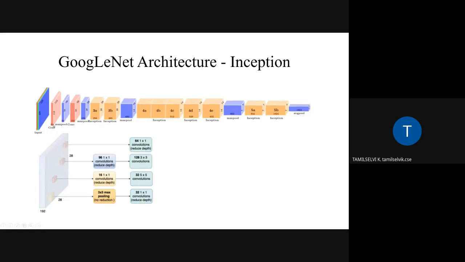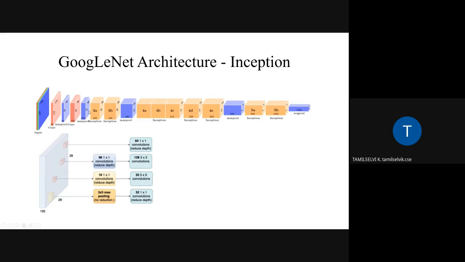Then you go for the convolution with 64 filters with some padding and stride, and you got 112 width and height. Then you go for max pooling, then convolution, then max pooling, then they go with the inception model. See here the width is 192.